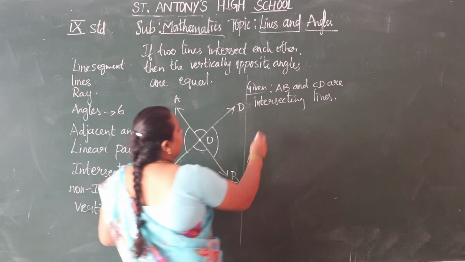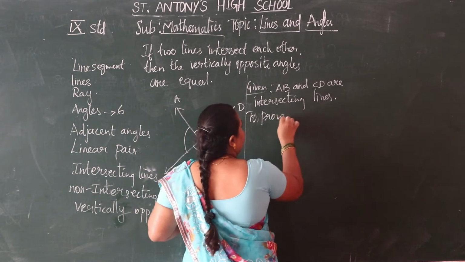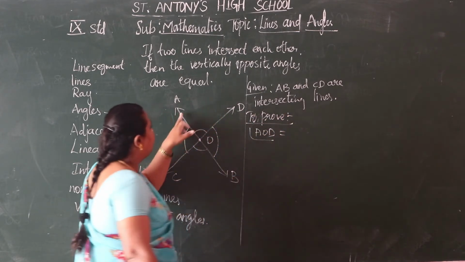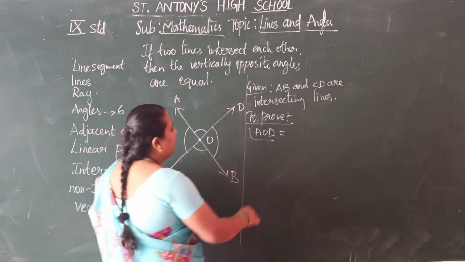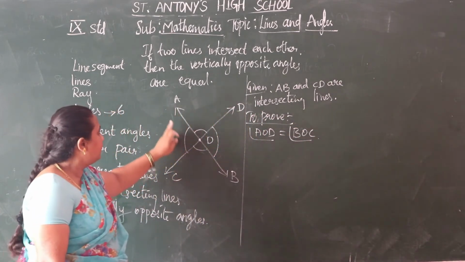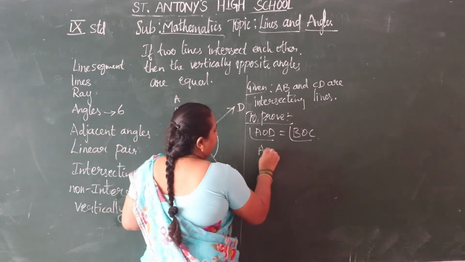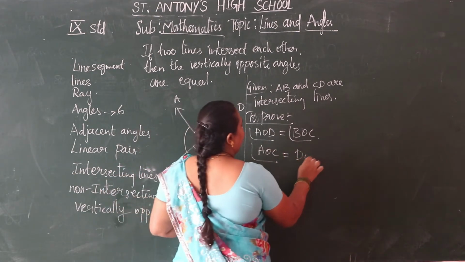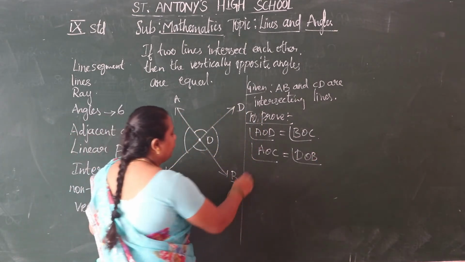To prove: angle AOD equals angle BOC, and the other vertically opposite pair, angle AOC equals angle DOB. This we want to prove.